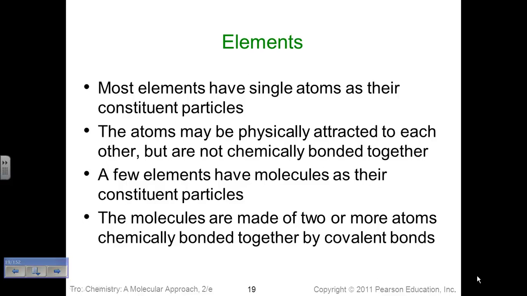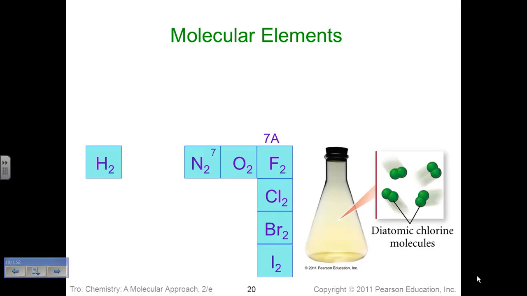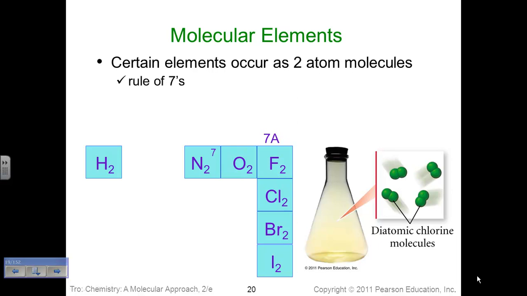So those molecules are made of 2 or more atoms chemically bonded by what's called a covalent bond, by that sharing of electrons. Here are 7 diatomic molecules, and I made mention of a funny sentence: horses need oats for clear brown eyes, is a sentence that puts those 7 diatomic molecules right in order from our periodic table.